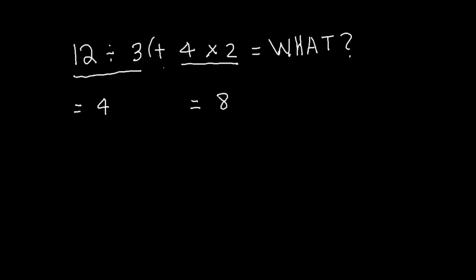Now you add, which is the last thing to do: 4 plus 8 equals 12. This is the final answer. It's not a guess. It's following the correct order of operations, which is PEMDAS.